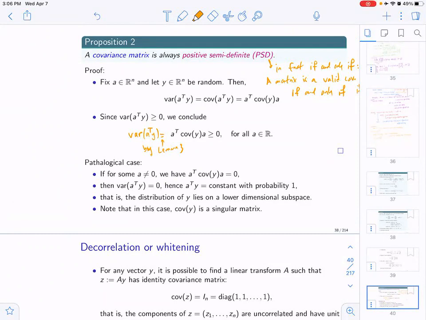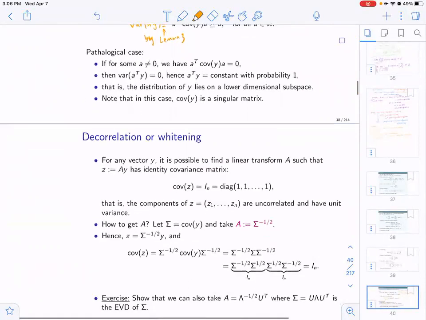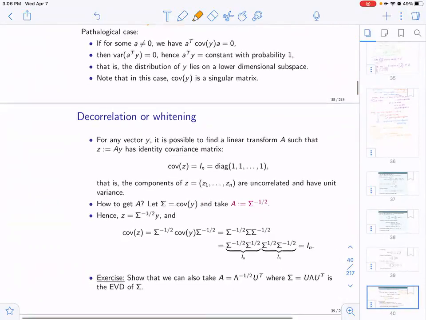So in that case, there is a linear combination of the elements of Y such that that new random variable is constant almost surely, which is a pathological case. So, we're going to move on from that.